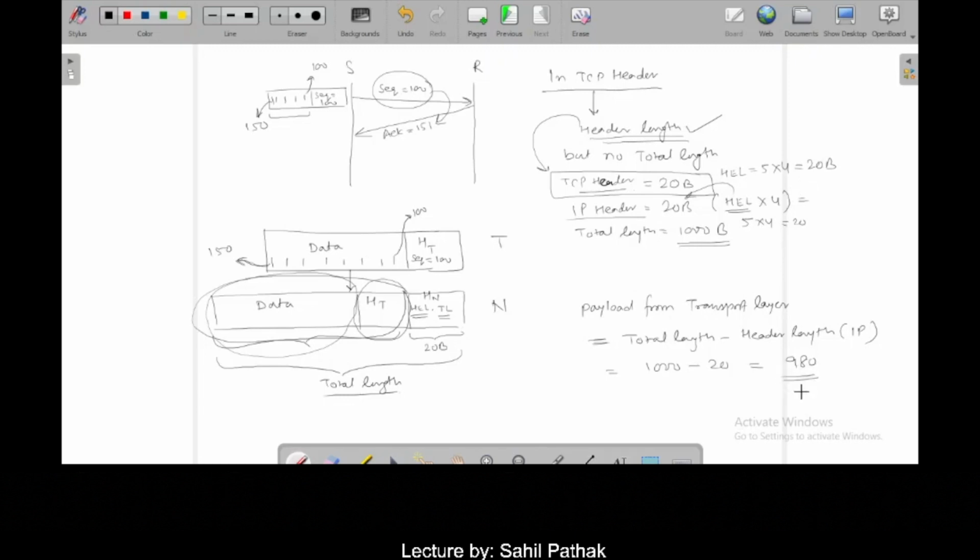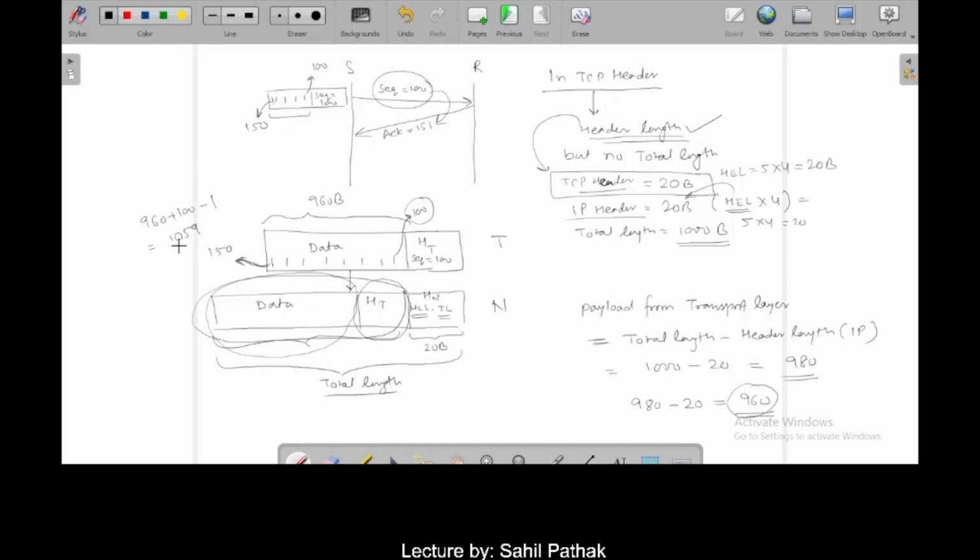Out of this payload, if I subtract 980 minus 20, then I will get 960, and this is what the data is. That means if the size of data is 960 bytes, and the first byte sequence number is 100, then what would be the last byte sequence number? So that would be 960 plus 100 minus 1. That would be the last byte sequence number, and that is coming out to be 1059.